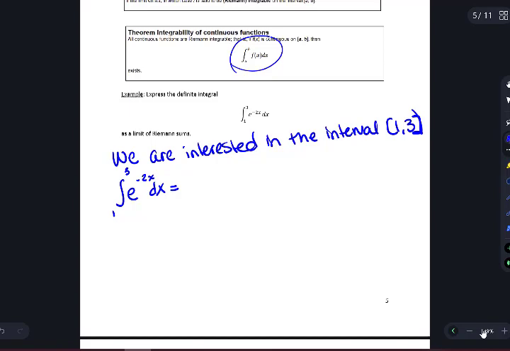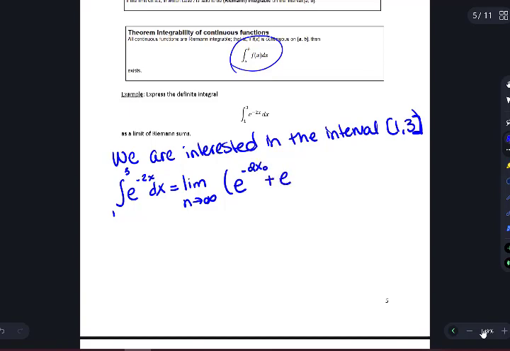Well, by definition, that's going to be equal to the limit as n goes to infinity. And now what we're going to do is evaluate e to the negative 2x at all of the different points. We have n different points that we're going to evaluate. So the first one is e to the negative 2x_0.